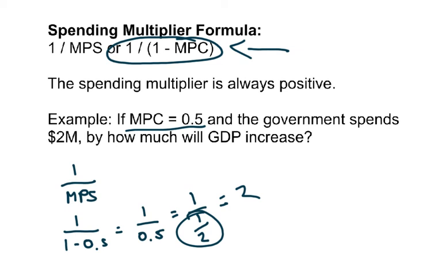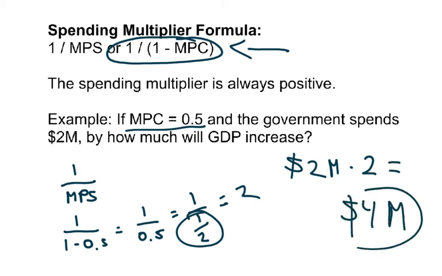So the spending multiplier here is 2, which means an initial $2 million in spending is going to get multiplied by 2. So we actually have a total spending of $4 million, twice as much as what the government initially spent.